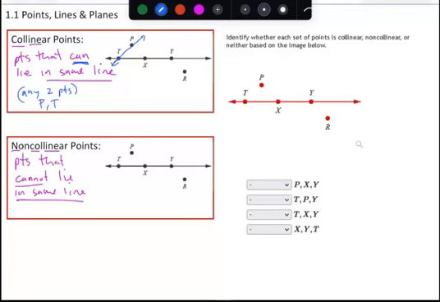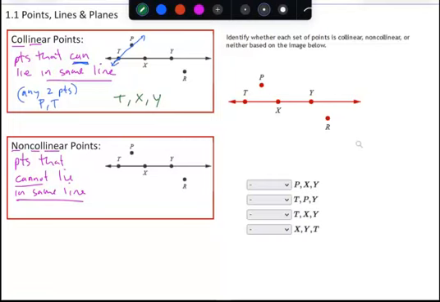Now, normally the collinear points are going to be sets of 3 or more. Once you add that third point in there, now it's more specific. So what 3 points are in the same straight line here? T, X, Y. But again, if you take any 2 of those points, like R and Y, those are also sets of collinear points.